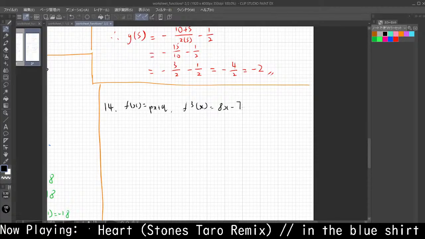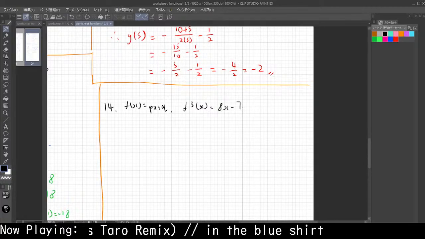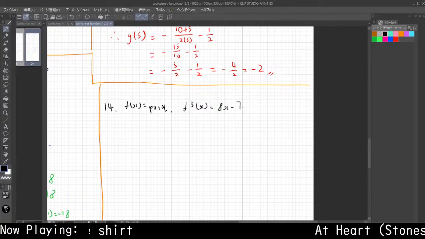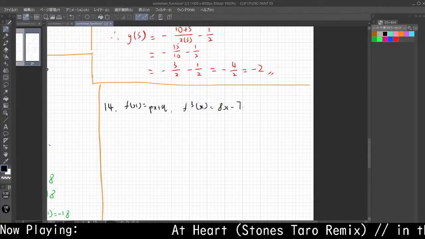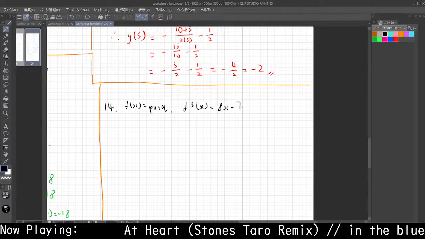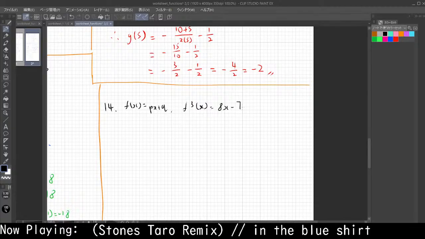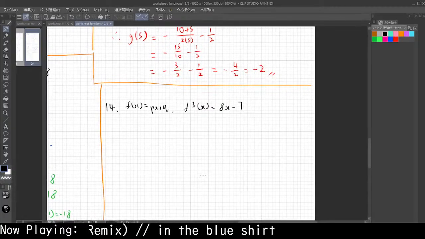This is similar to the one that's in the workbook, but rather than being recursive, it is flipped, vice versa. Yeah, this is a different one. So let's go through it first.